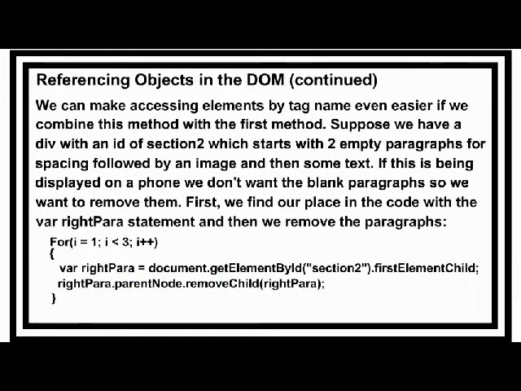You'll notice that we use firstElementChild to avoid having to worry about any of the white space children. And then we can use the parentNode removeChild method on rightPara to remove the correct paragraph.